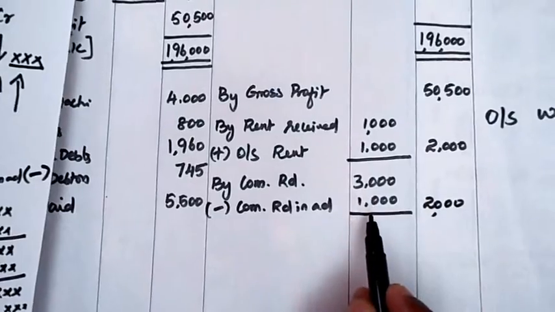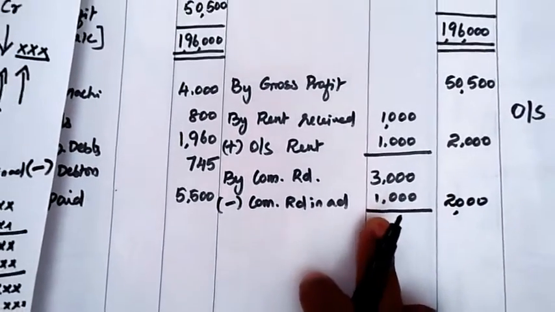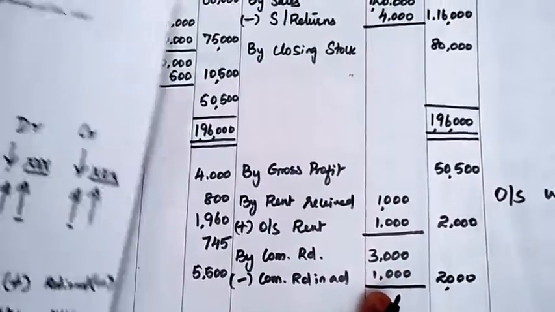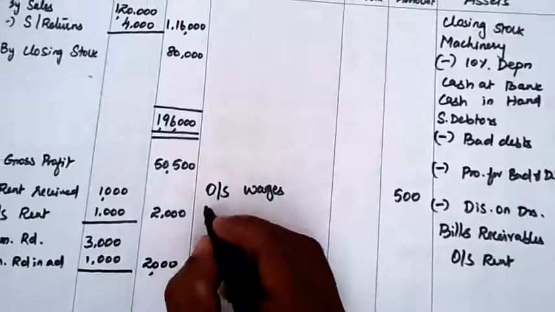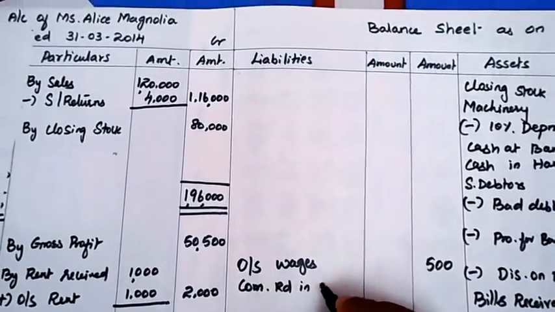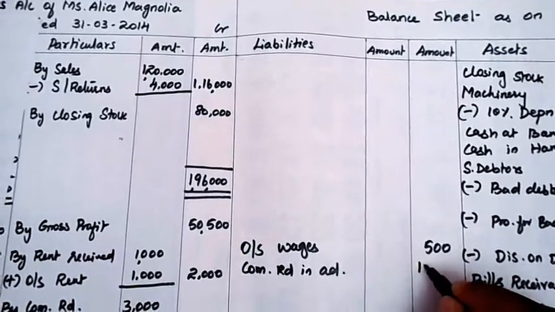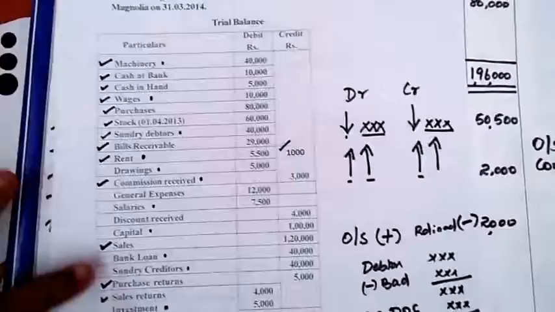So here you have subtracted 1000 rupees from commission received, which means it decreased the credit. Again you need to record this amount under credit side. Which one is credit side in balance sheet? Liability side. So commission received in advance, how much? 1000. Enter.